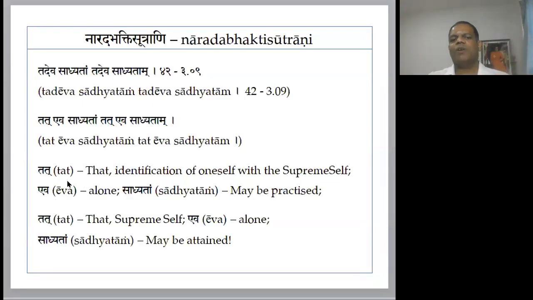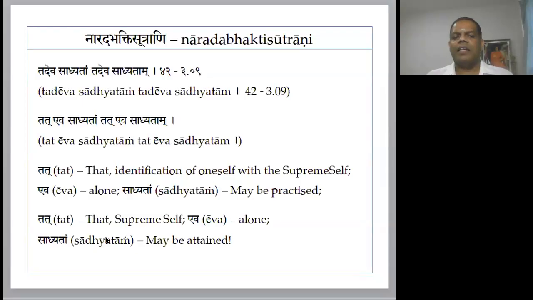That's the previous sutra we looked at. That alone may be practiced. So that has to be practiced. We should practice that oneness with the divine. That is the first tadeva sadhyatam. The sadhyatam is may it happen, may it be practiced. That means let us practice. That kind of meaning.